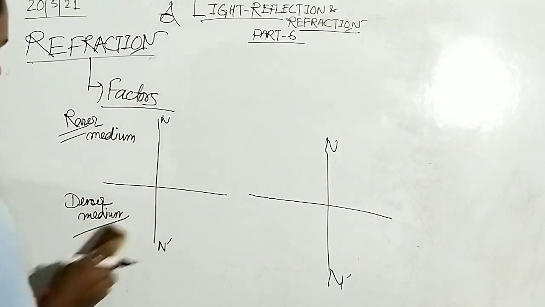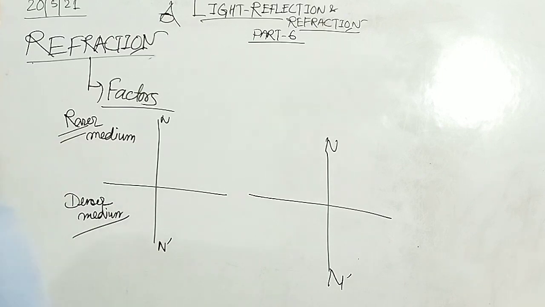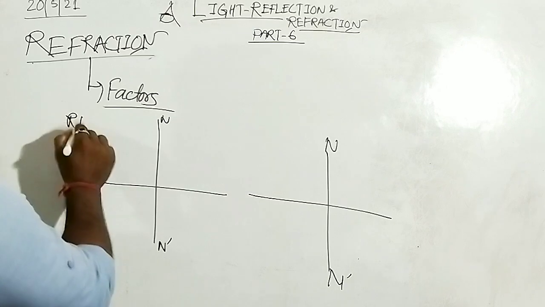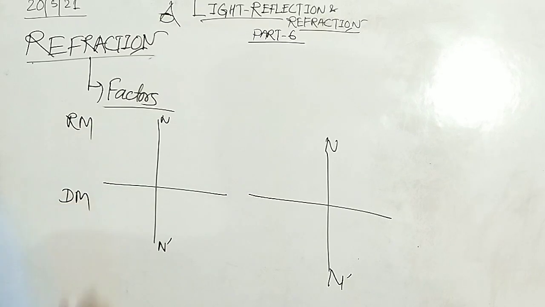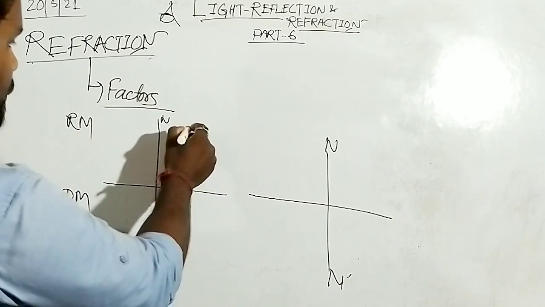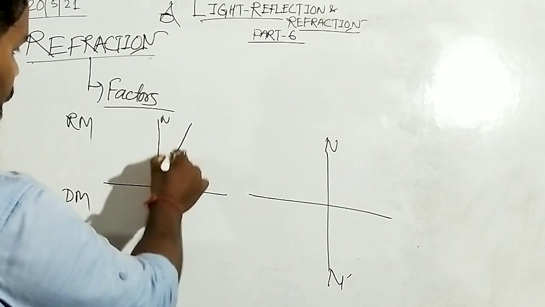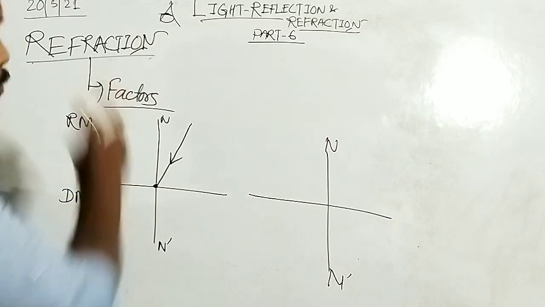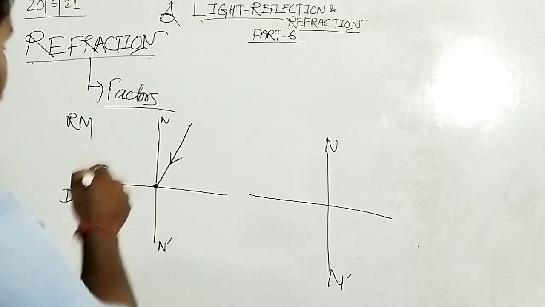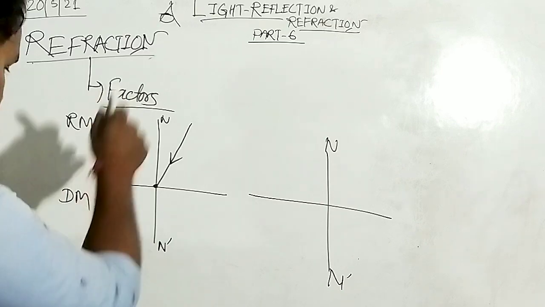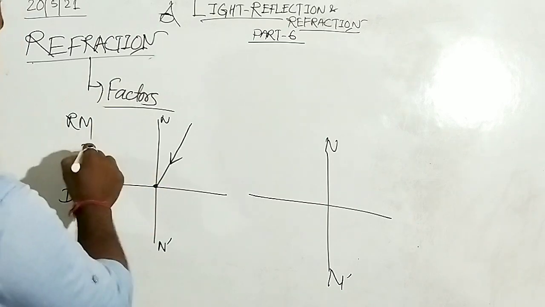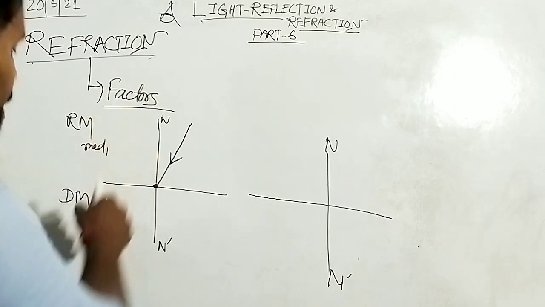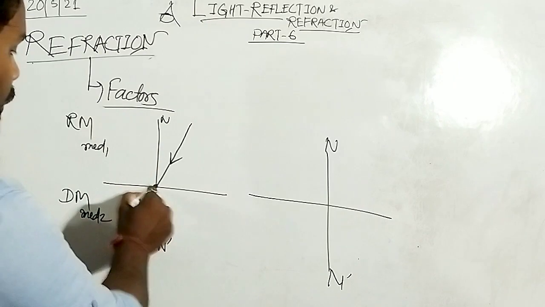Now you have understood the concept of rarer and denser medium. I represent the rarer medium as Rm and the denser medium as Dm. Whenever a ray is incident on this point, which is the joining point of the two mediums, and moves through medium 2, what is going to happen?